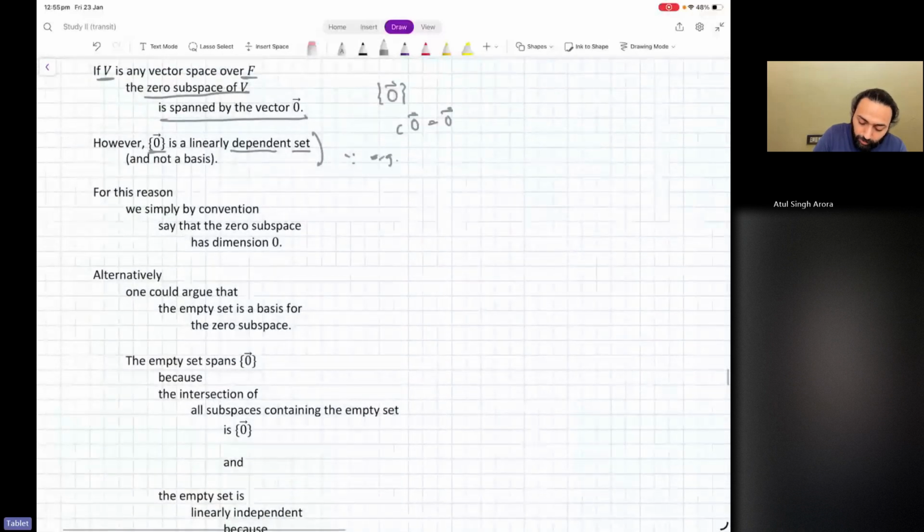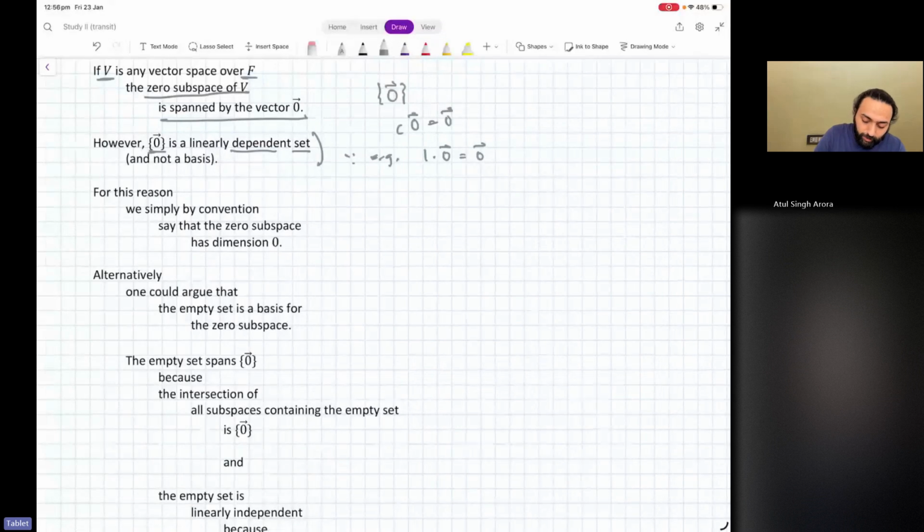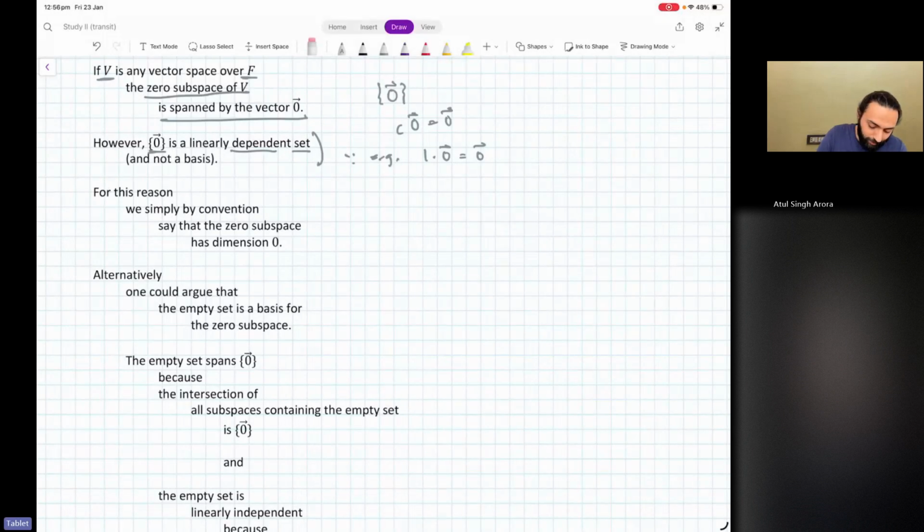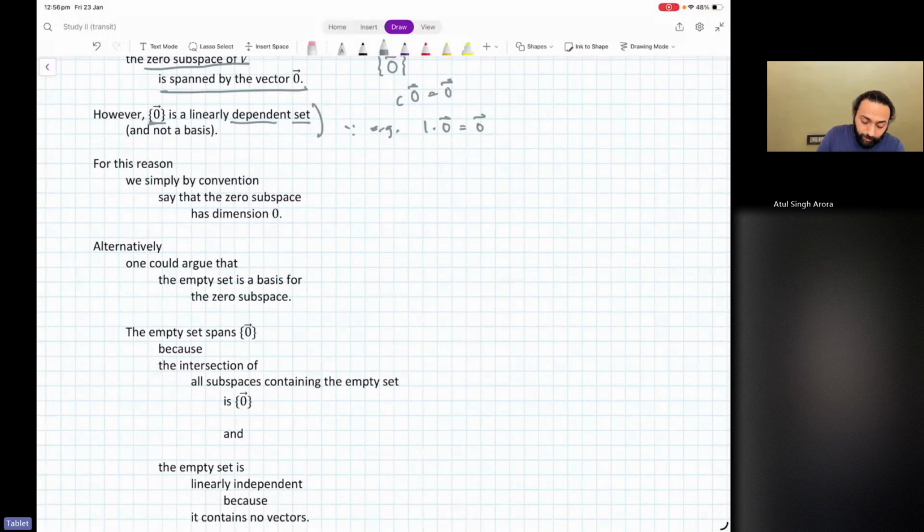Exactly, because for example, 1 times the 0 vector is the 0 vector, right? So it is evidently a linear combination. For this reason, we simply say that the 0 subspace has dimension 0.